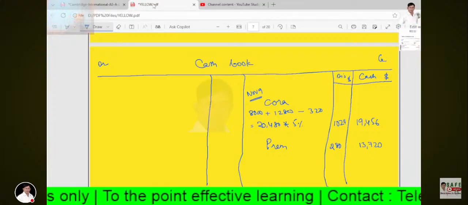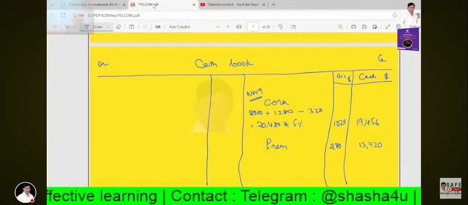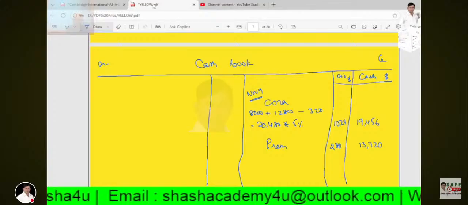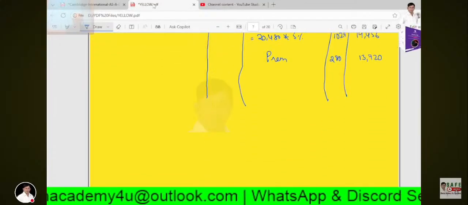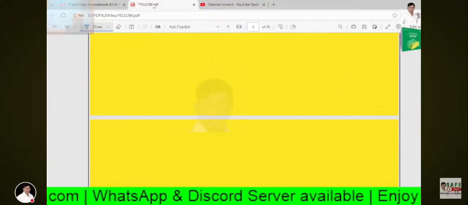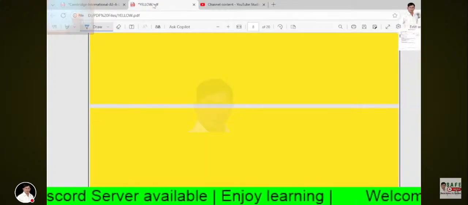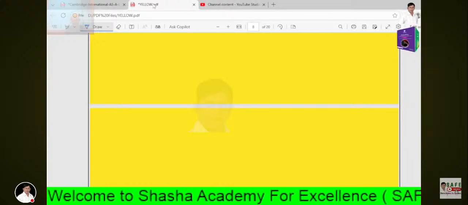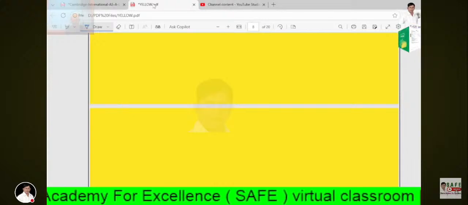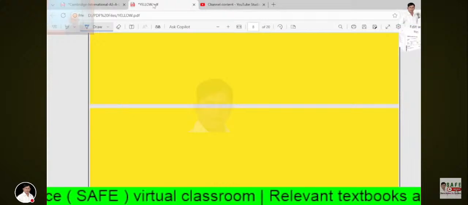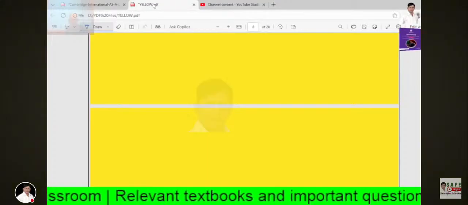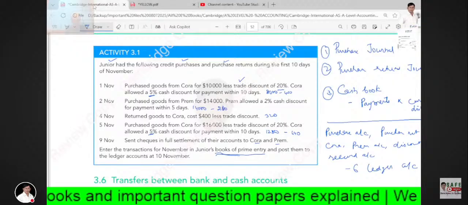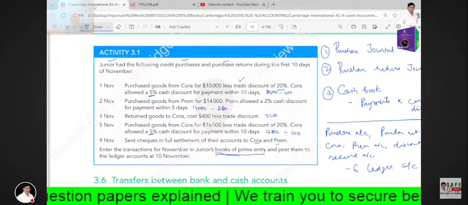Now we have to prepare the ledger accounts. So what are the various ledger accounts you need to prepare? Purchase account is the first.